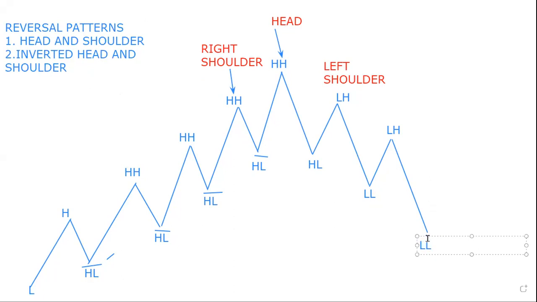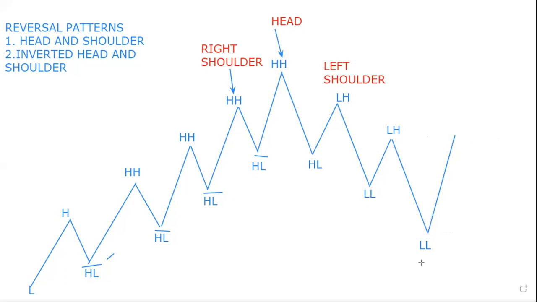Now, what do we expect? We need to see a lower high. So when we see that price has moved from here to here to form a new low around this region, we know a retracement has to occur.